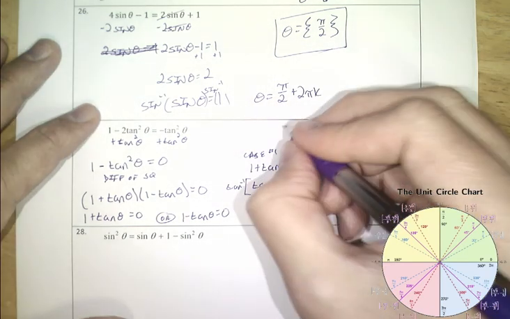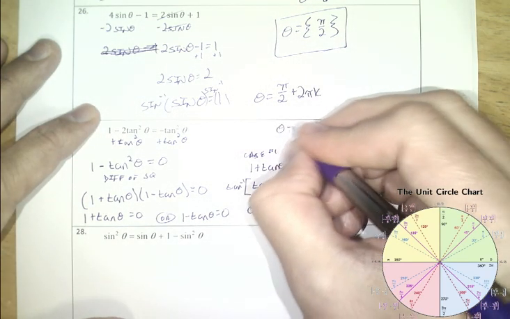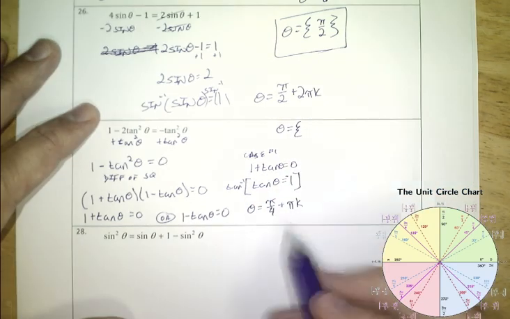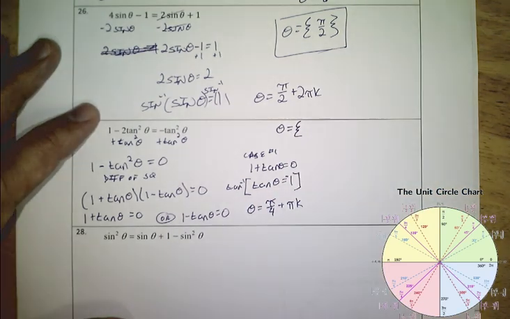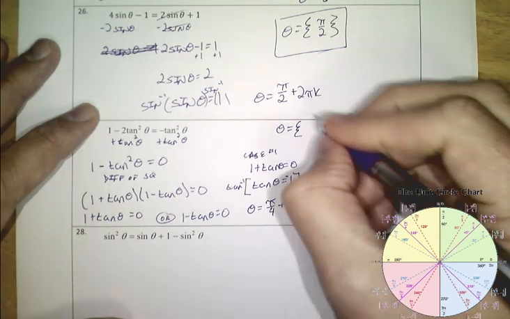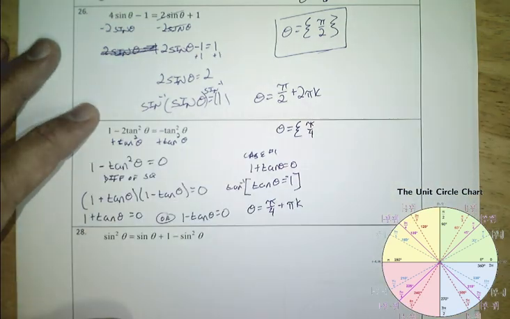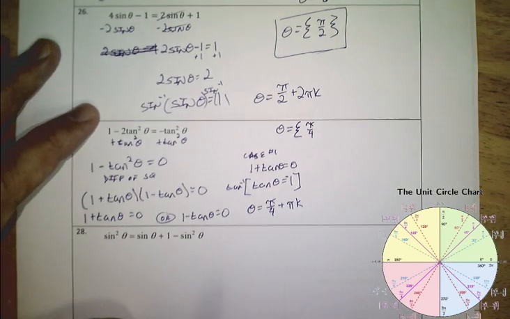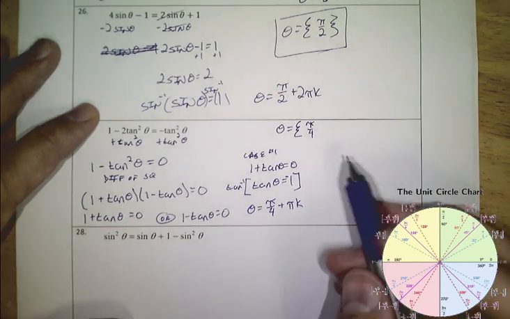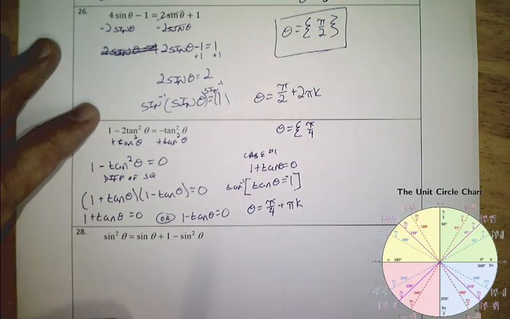So let's look at this. I have theta is going to be equal to pi over 4, that is on the unit circle. So when k is 0, pi over 4 works.